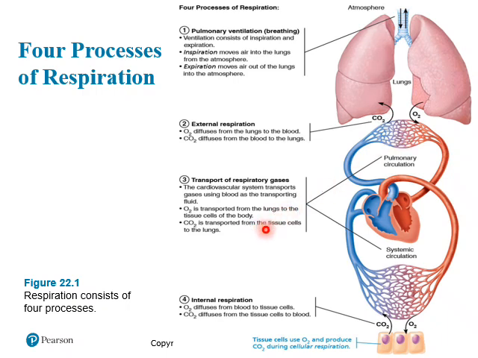The third one is the transport of the respiratory gases, a function where you will need the help of the circulatory system. And the last one is internal respiration, which is the exchange of gases between the capillaries and the tissues. And these are all processes of respiration.